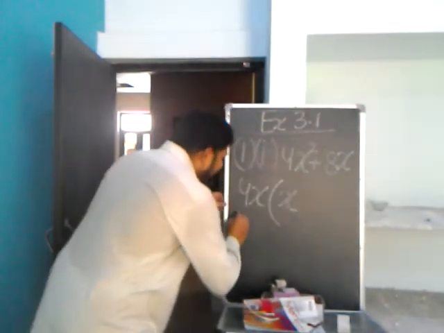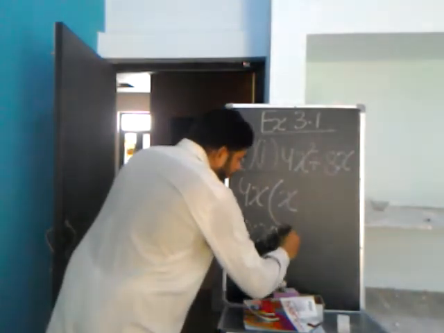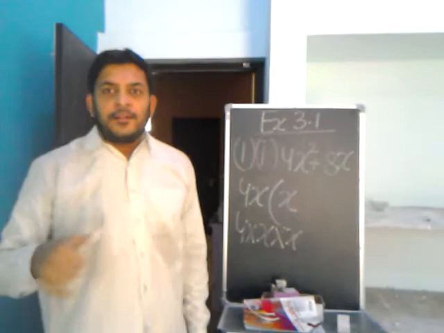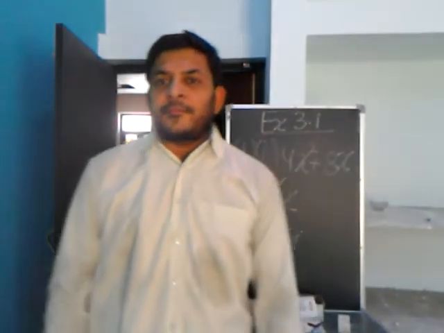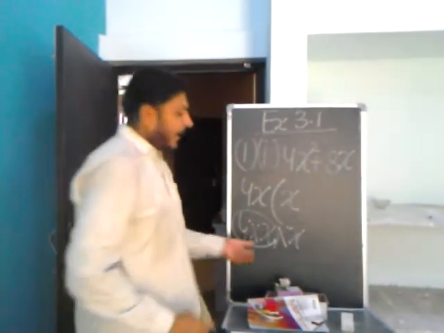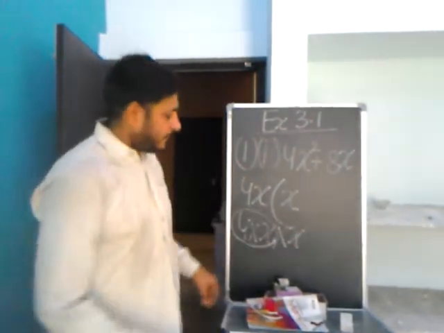I can write 4x square as 4x into x, and if I take out 4x as common, what is remaining is x.